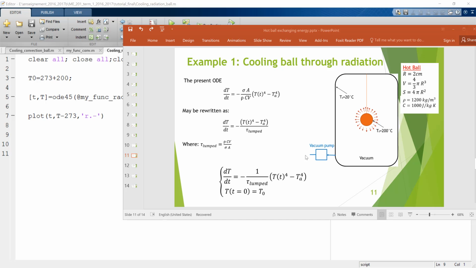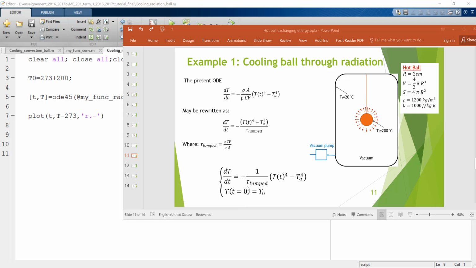We have a vacuum pump to create an industrial vacuum, to avoid any conduction or convection heat transfer between the ball and the recipient, the vacuum chamber. The temperature of the vacuum chamber is almost 20 degrees Celsius. So after solving the heat exchange balance, we have this differential equation.